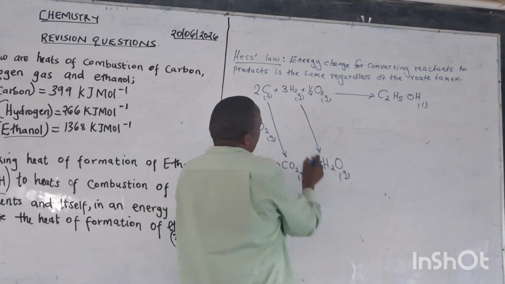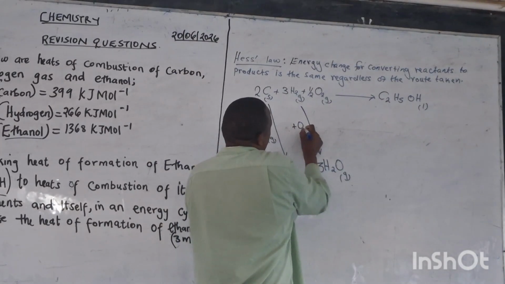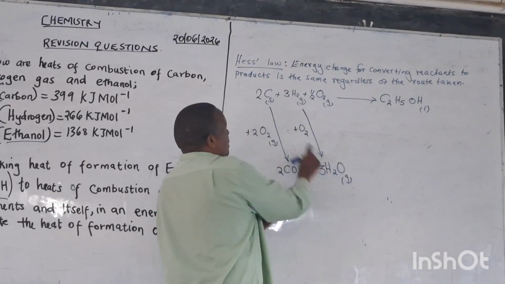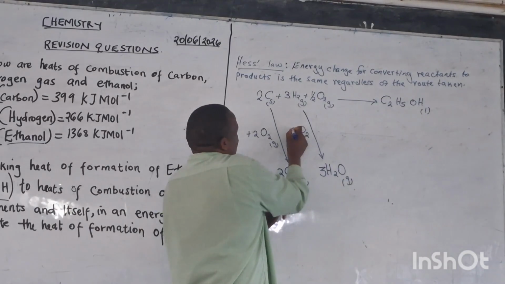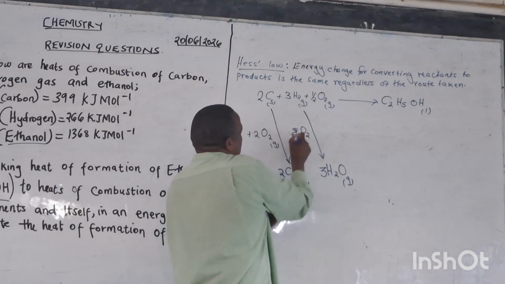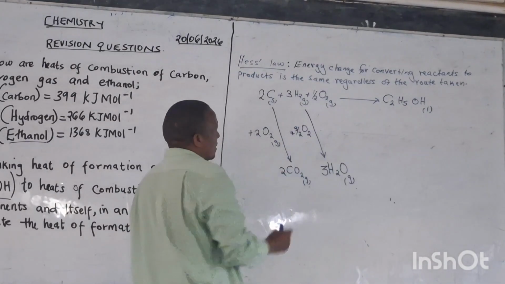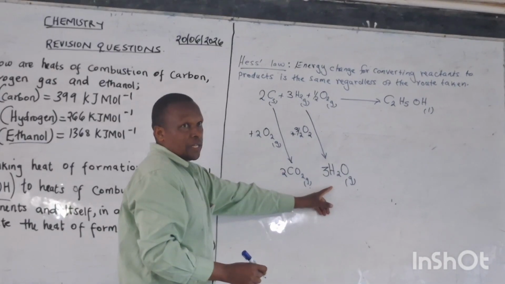So for oxygen, we'll say plus oxygen, like that. How many oxygen atoms? 3 times 1, 3. So here, the oxygen which is added is 3 over 2. So it is plus 3 over 2 oxygen, like that. Then you get water. Are we together?